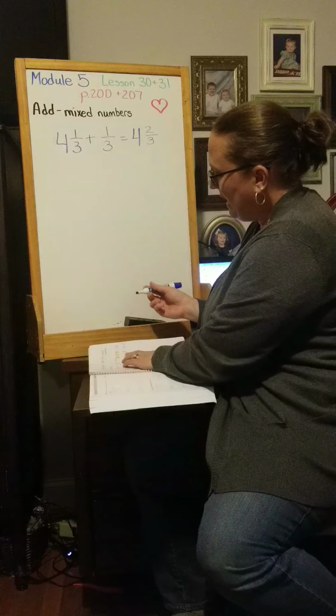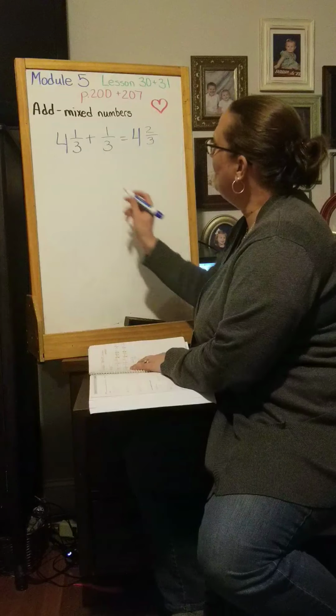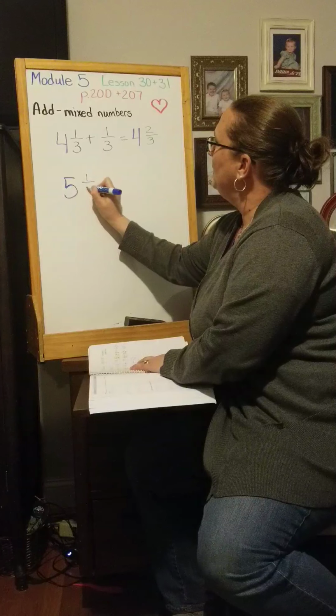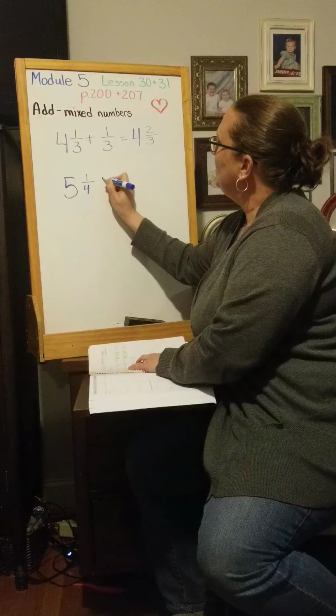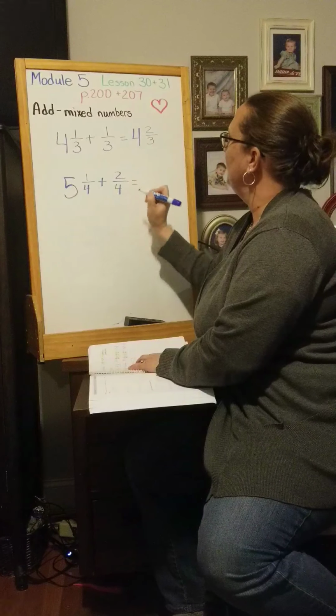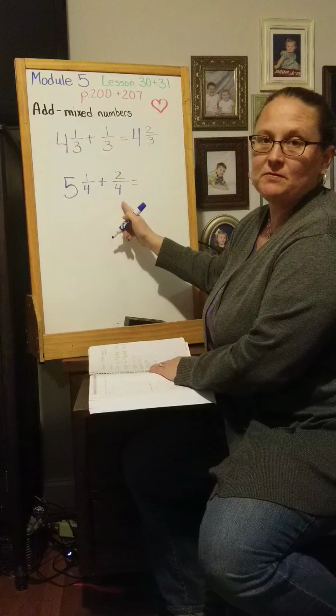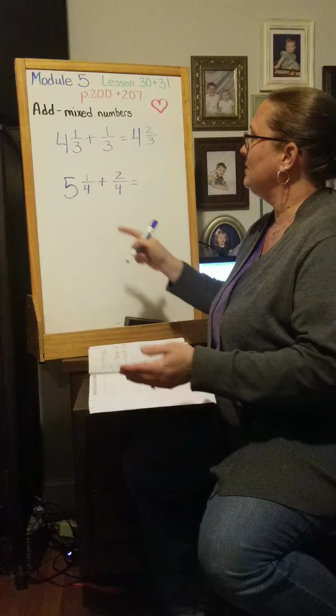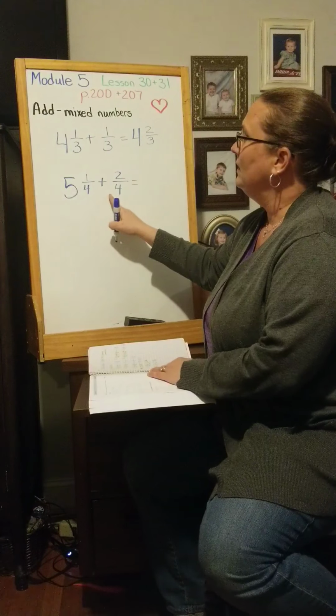All right, so if we have 5 and 1/4 plus 2/4. Again, we have a mixed number plus a fraction. When we're adding it, we add our whole numbers plus our whole numbers. Here we have 5, the whole number.